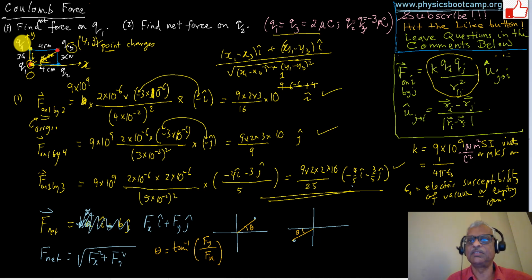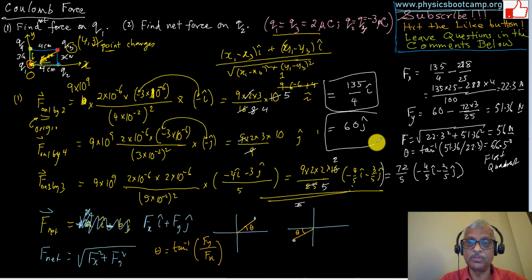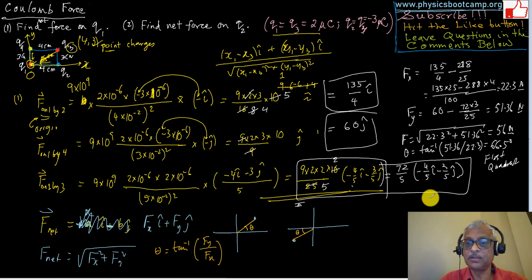Let me complete this for you and come back. So I went ahead and found a value for this, a value for that, and a value for this, and then I added them.